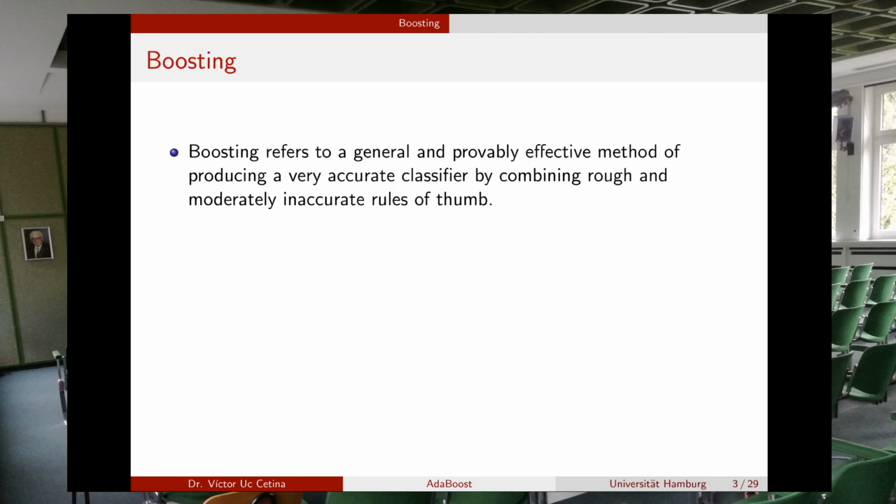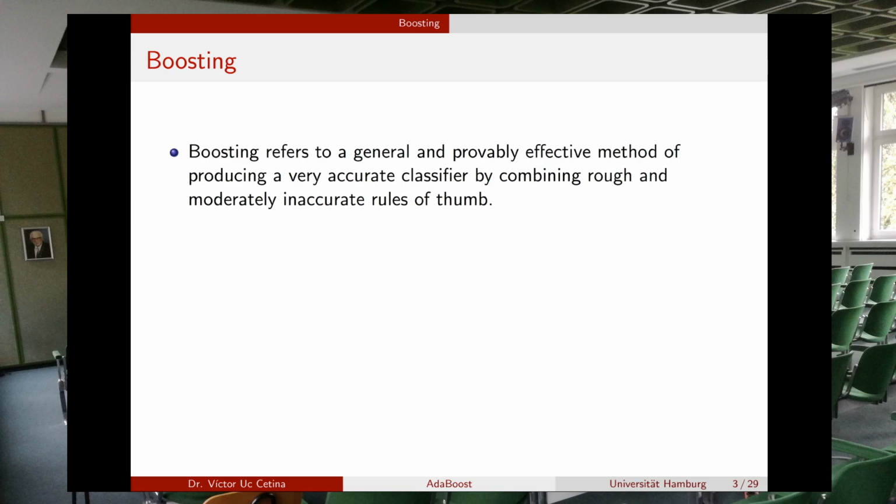So let's talk first about the concept of boosting. Boosting, as I said, refers to a general, probably effective method of producing a very accurate classifier by combining rough and moderately inaccurate rules of thumb.